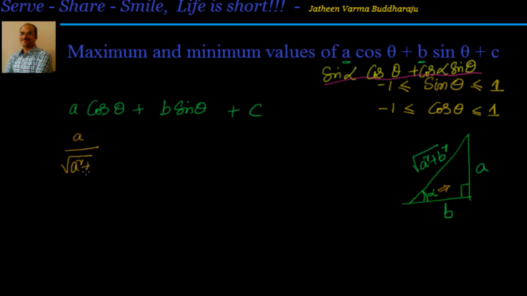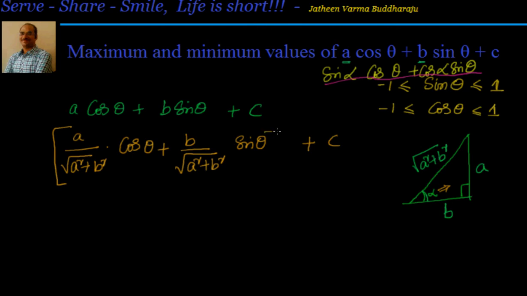So I will write it as a by square root of a square plus b square into cos theta plus b by square root of a square plus b square into sin theta plus c. But since we are dividing by square root of a square plus b square, we should also multiply, otherwise it will not be equal to our earlier expression. Now this is perfectly fine.